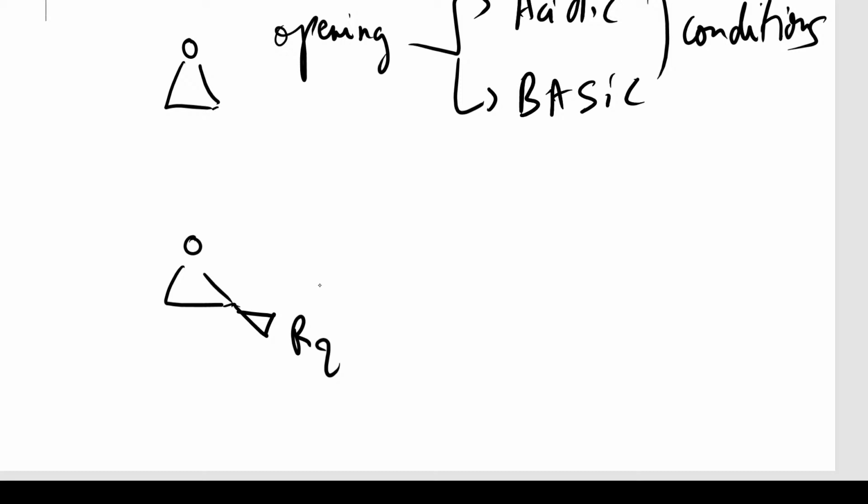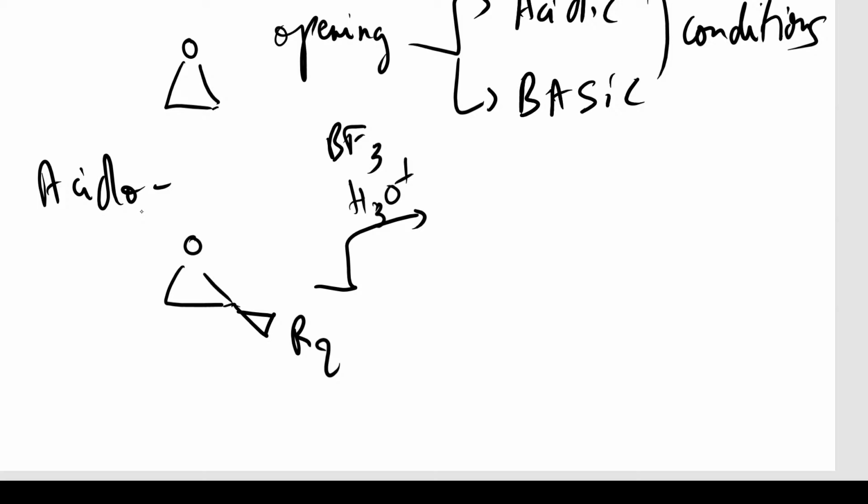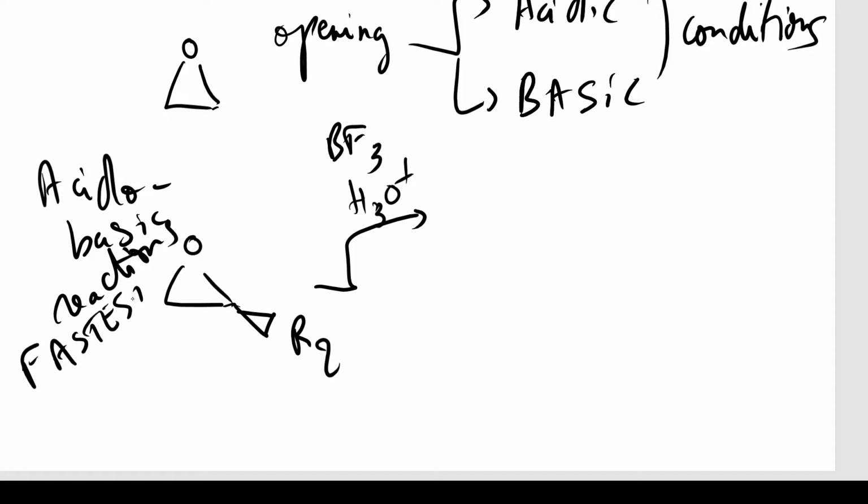If you use an acid like H+, H3O+, or any type of acid, even BF3, the first step, you remember, the acid-base reactions are the fastest reactions in organic chemistry. So if you use an acid, what would happen?